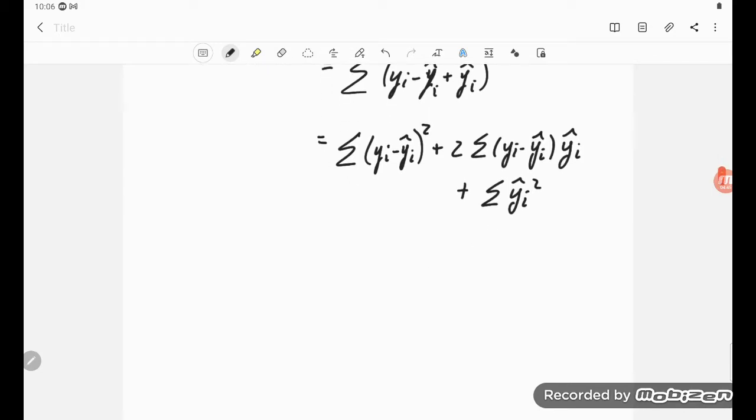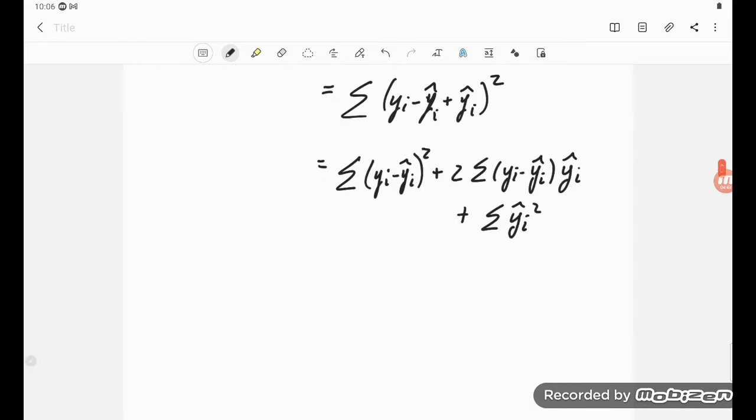Now, we'll show it when we're done with this part, but this turns out to be 0.